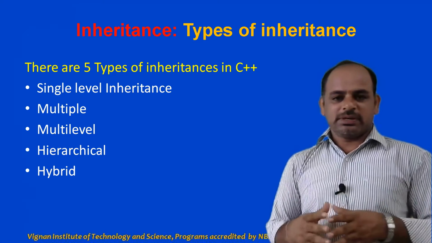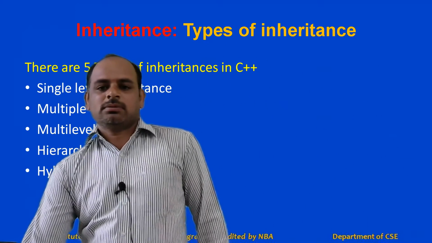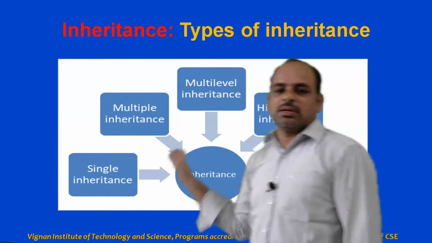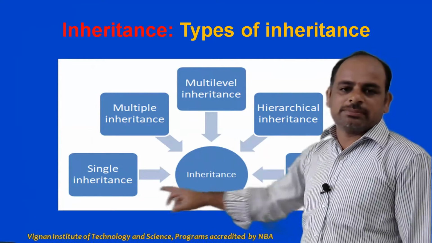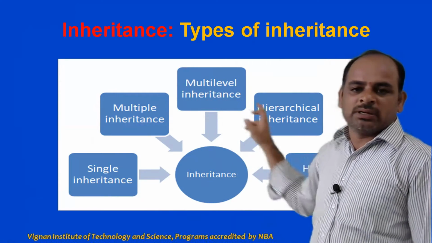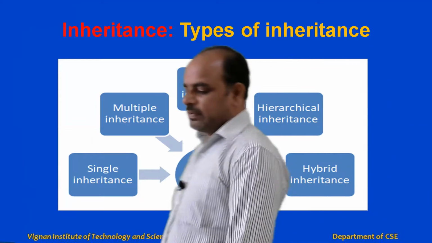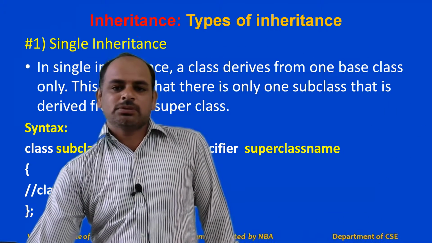There are 5 types of inheritance in C++, right? You can see them diagrammatically shown here: single level, multiple, multi-level, hierarchical, and hybrid inheritance. You can go through the implementation of those.